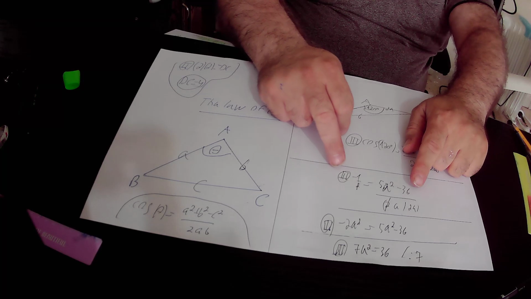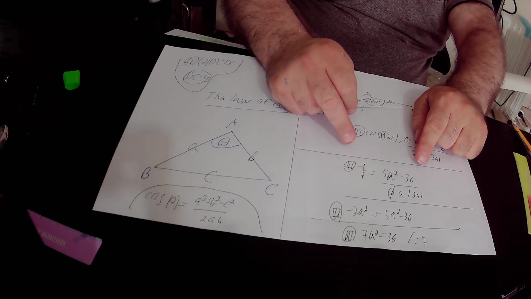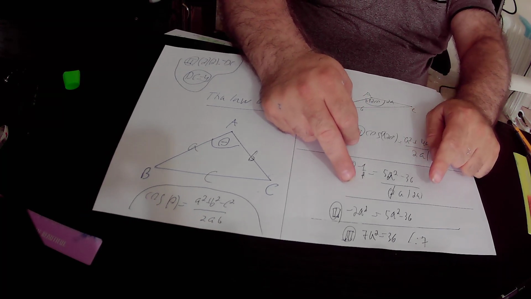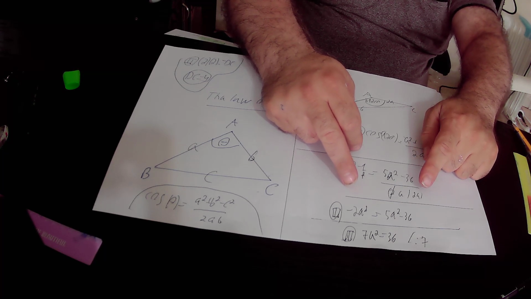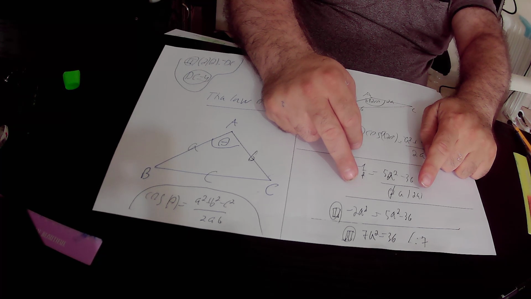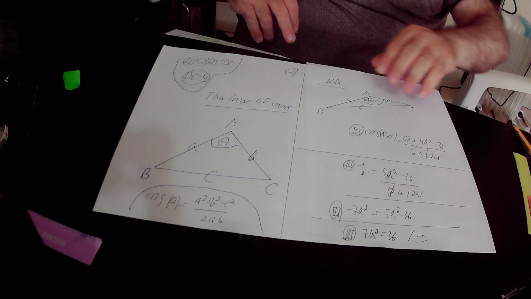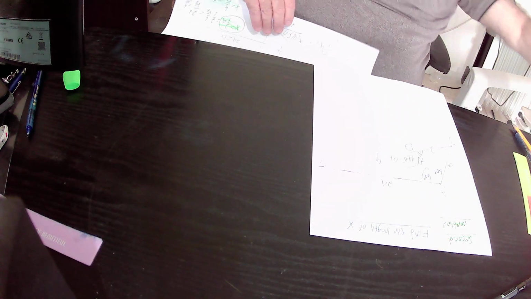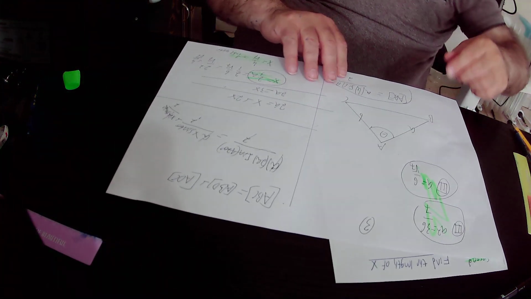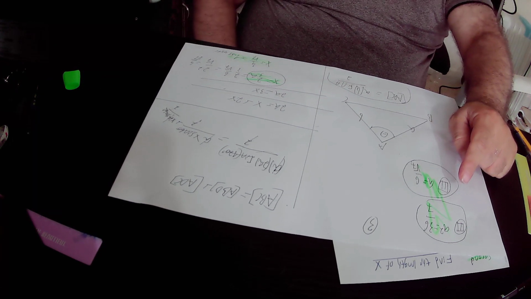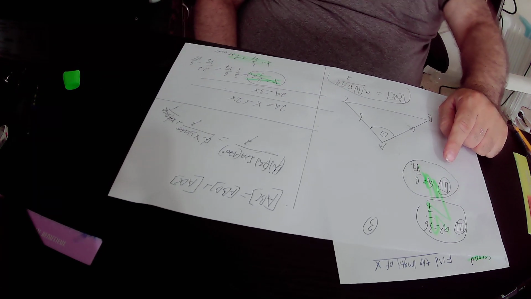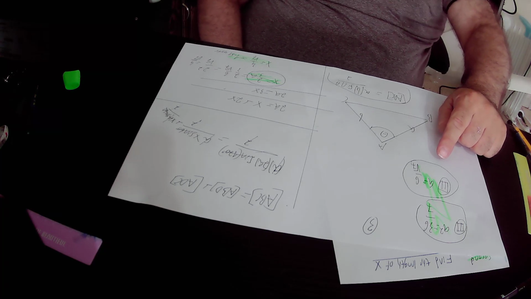We have 2 on both sides, so 2 gets cancelled because we multiplied this equation, and found that minus 2 times a squared equals 5a squared minus 36. We added 2a squared and also 36 to this equation and found that 7a squared equals 36. We divided equation number 3 by 7, and found that a squared equals 36 over 7, and taking the square root, a equals 6 over square root of 7 units.